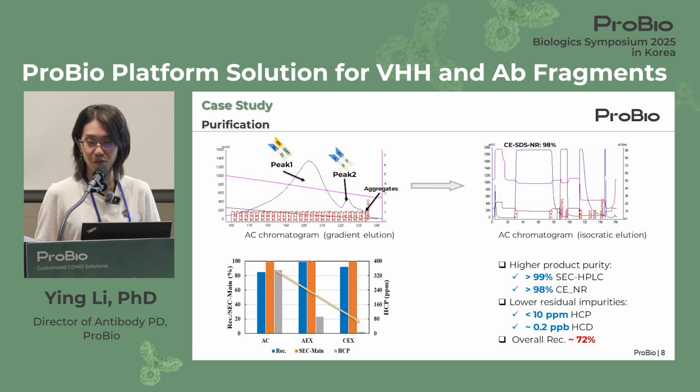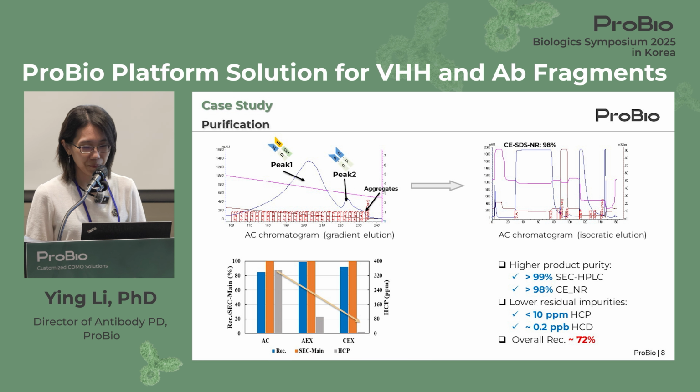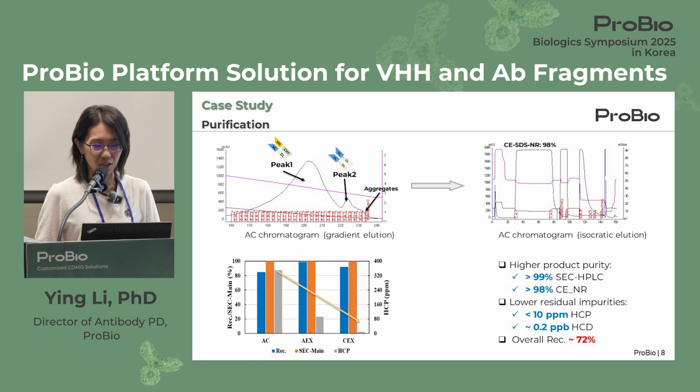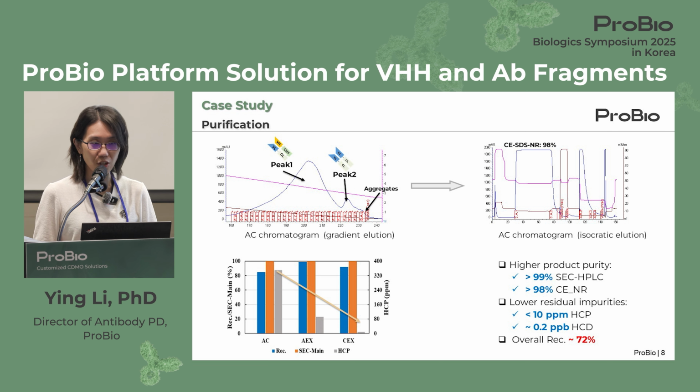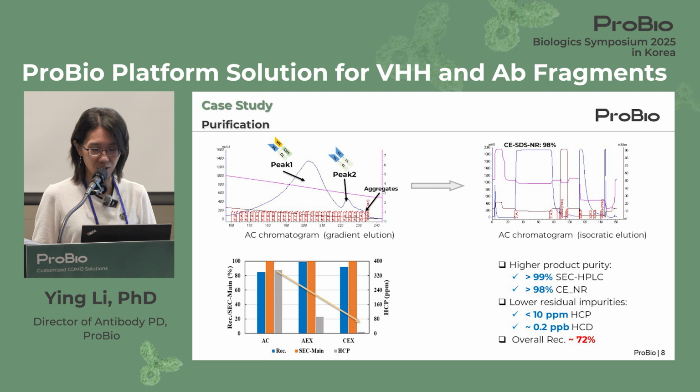And there are two different types of homodimers, either formed covalently or non-covalently, as we will see from the analytical section later. So during the affinity optimization, we found different elution pH has a significant impact in separating different impurity from our target antibody. Therefore, we selected the optimal elution pH and successfully separated those impurities utilizing isocratic elution.